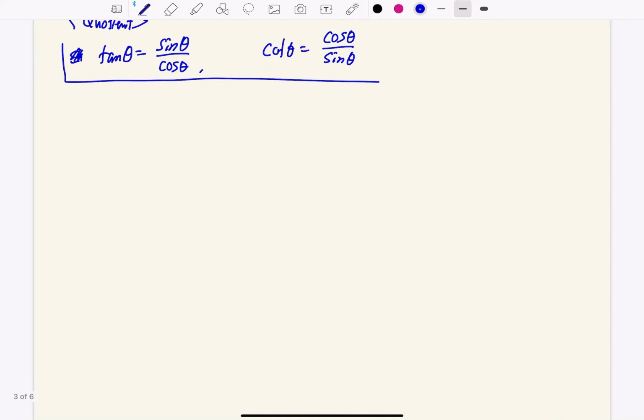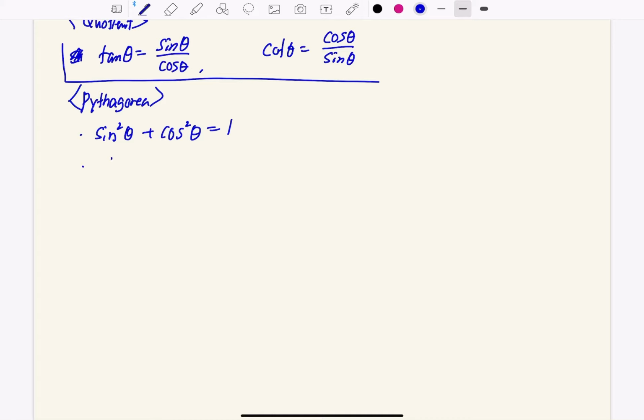Next one, Pythagorean identities. There are three equations. Number one, sine squared theta plus cosine squared theta is equal to 1.